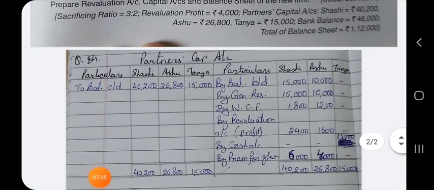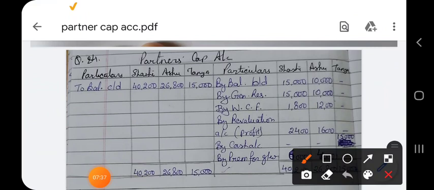next thing we write in the partners capital account is revaluation. If revaluation profit is given, we write it on the credit side, because profit increases the amount of capital. But if there had been a loss on revaluation, the loss would be written on the debit side.